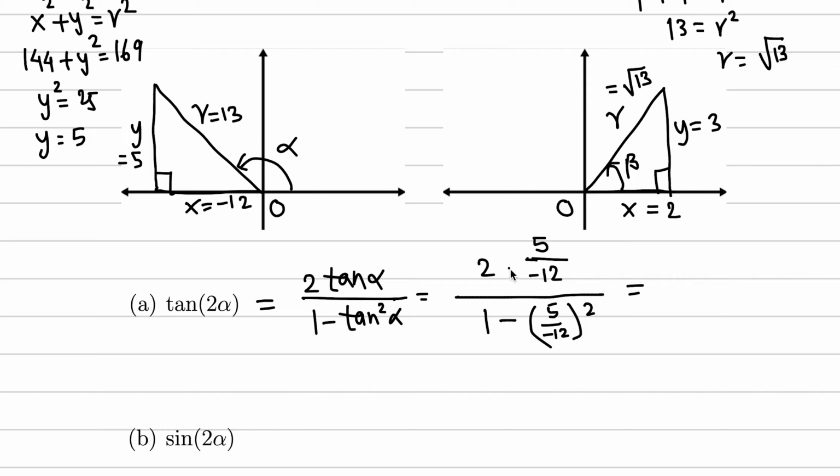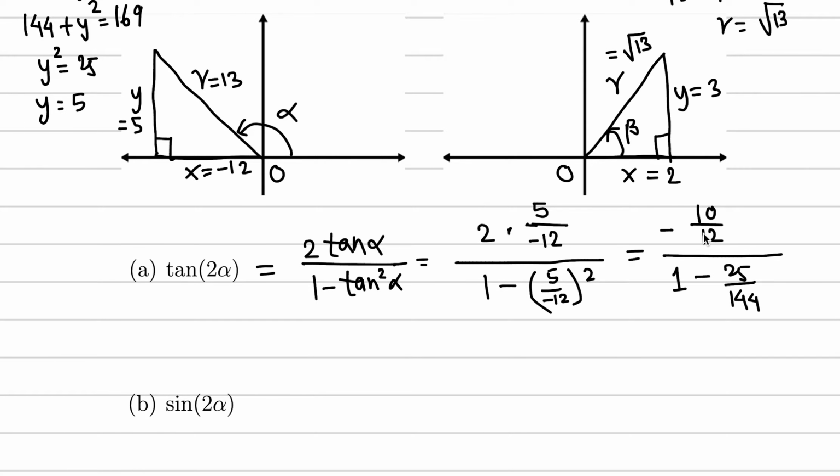This negative on the bottom or on the top means we can always put it in the front. So 2 times 5, 10 over 12 on the top. On the bottom, 1 minus, this is squared, so negative squared will be positive. 5 over 12 squared means 5 squared, 25, over 12 squared, 144.